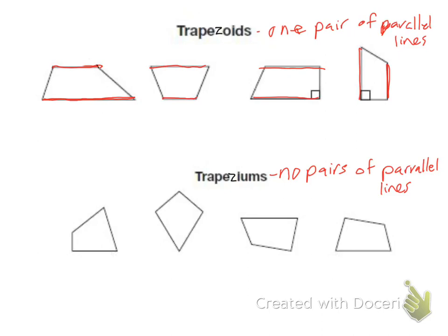You can see with all of these lines, they will run into each other. If I extend the lines, like these ones already are running into each other, even these other ones will eventually run into each other. So trapeziums have no pairs of parallel lines.